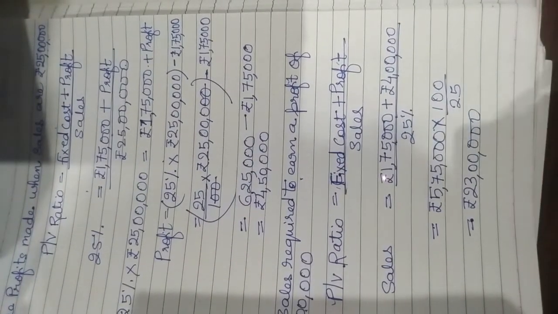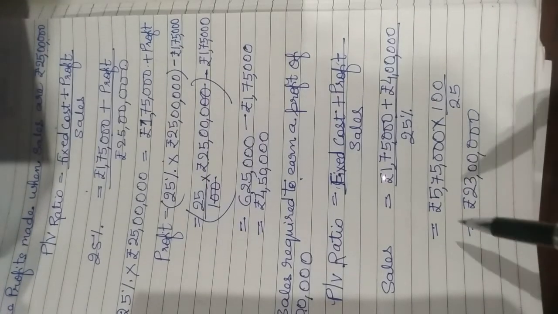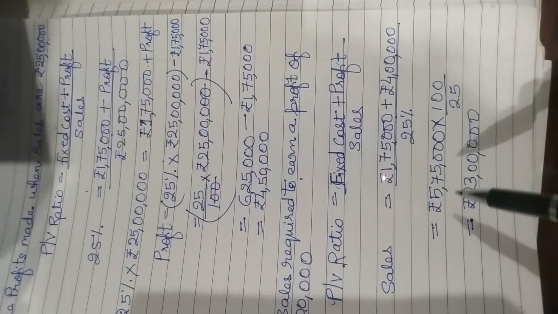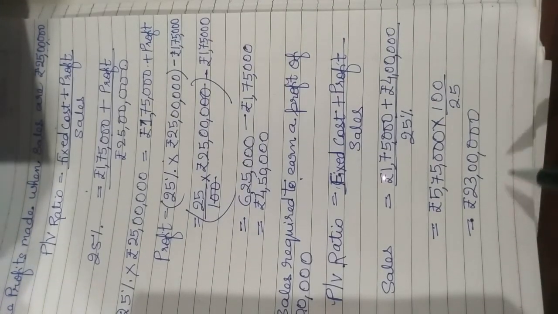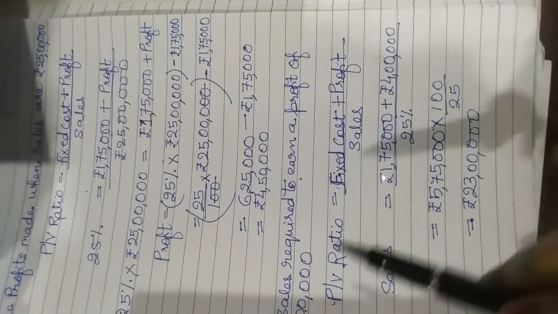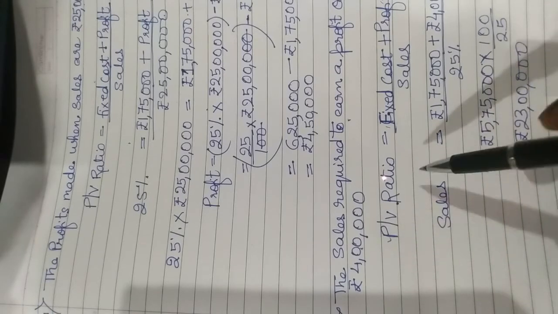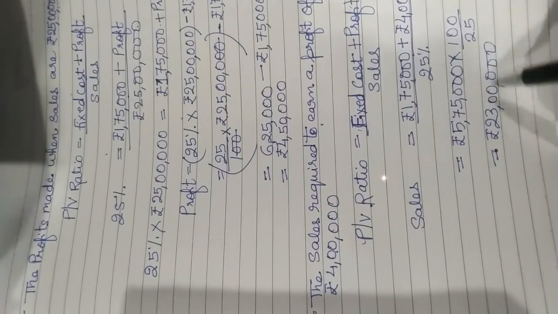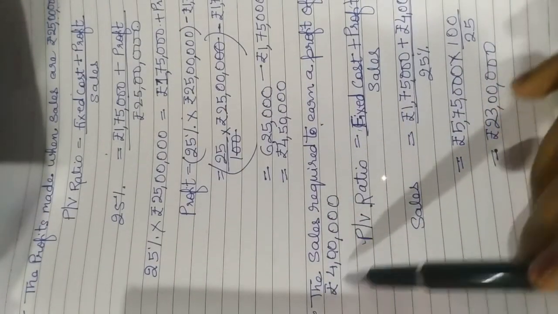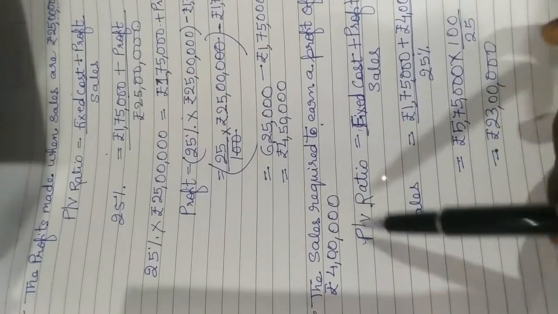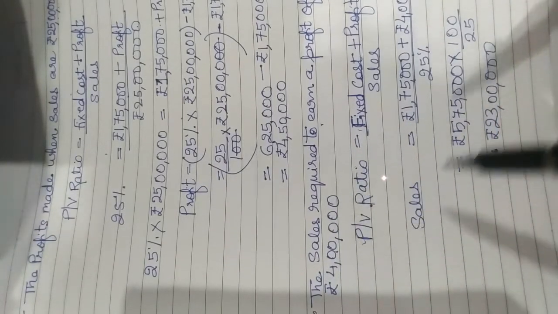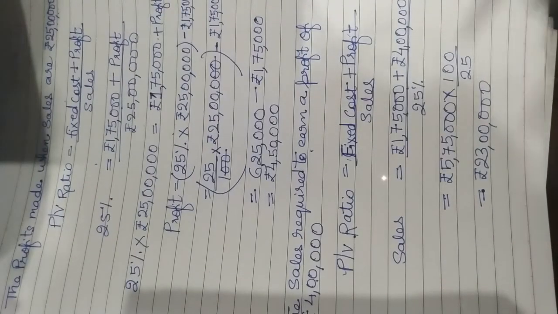It means if you sell the product of rupees 23 lakhs, then you will get the profit of rupees 4 lakh. To earn the profit of rupees 4 lakh, 23 lakhs sale is required.